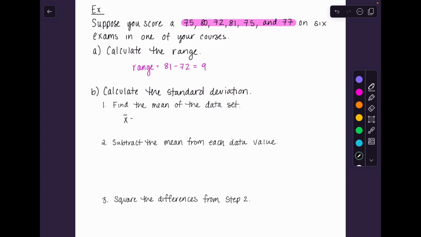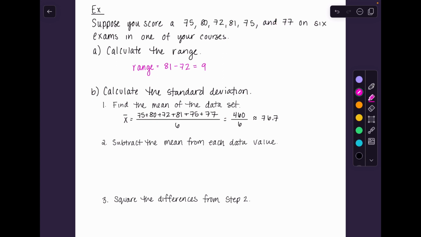So our mean is going to be 75 plus 80 plus 72 plus 81 plus 75 plus 77, and then all of that divided by 6. If you add these together, it's going to give you 460. And then when you divide that by 6, we're going to have to round because it's not a nice number. It's about equal to 76.7. So our mean test score is 76.7.